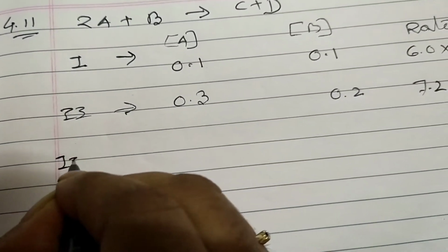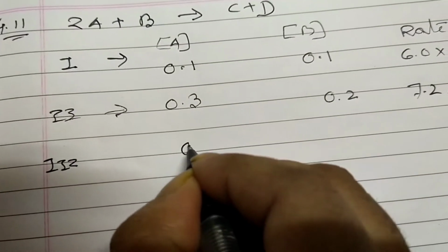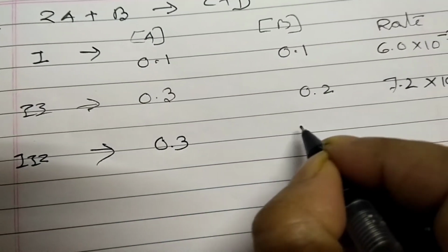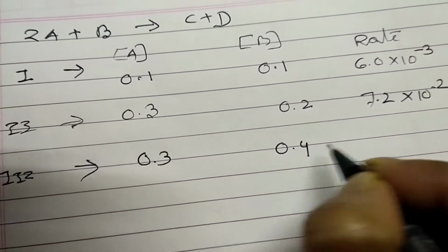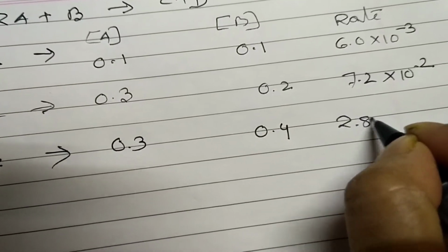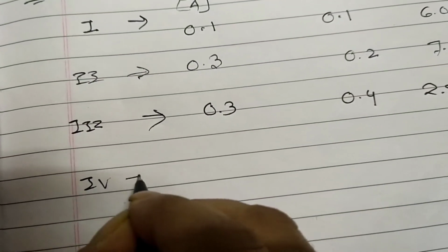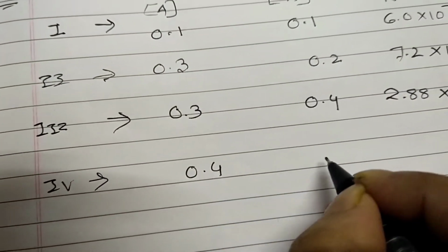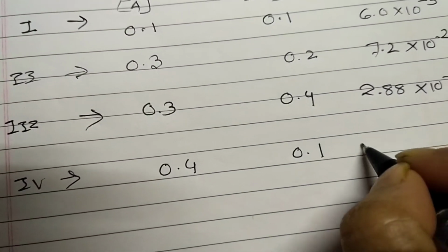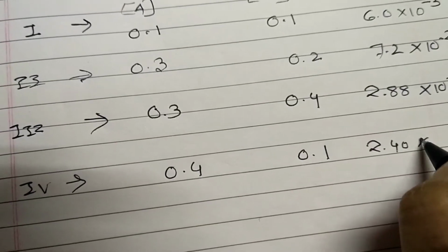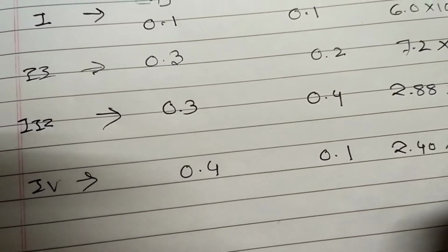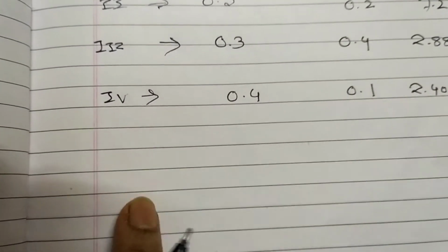For the third experiment, 0.3, 0.4 and 2.88 into 10 to the power minus 1. In the fourth, 0.4, 0.1 and 2.40 into 10 to the power minus 2. Clear now?